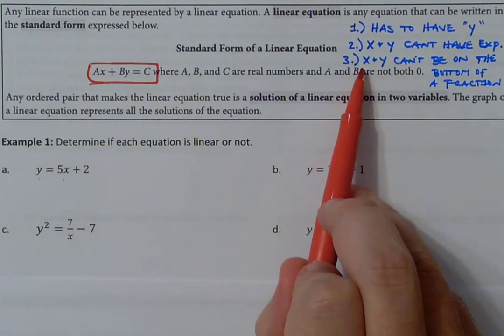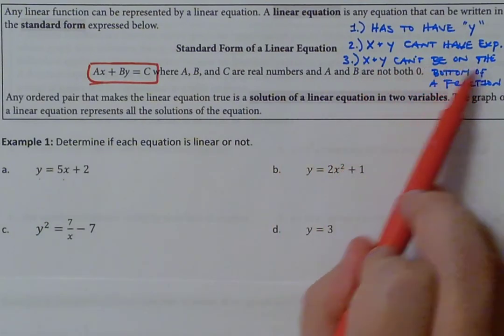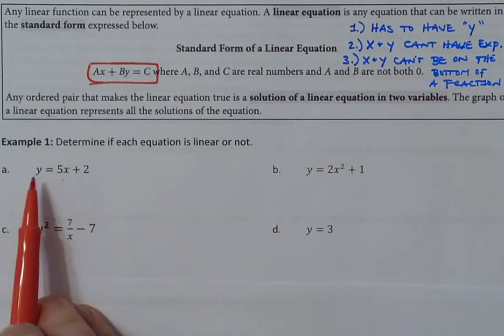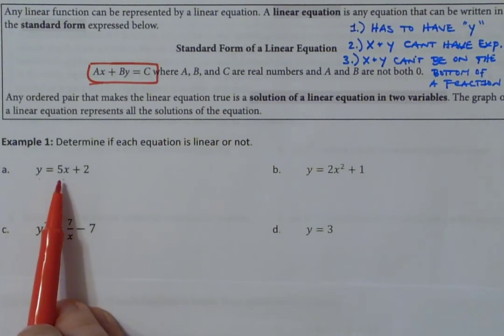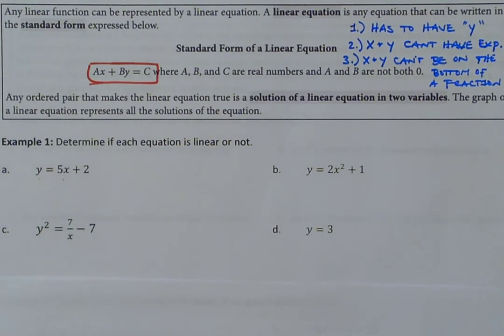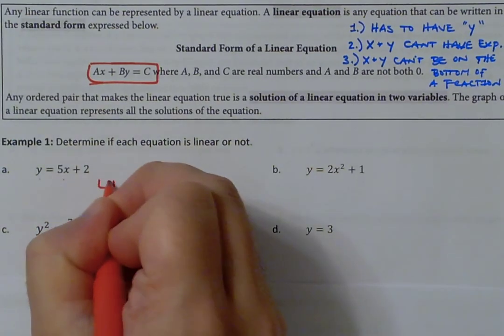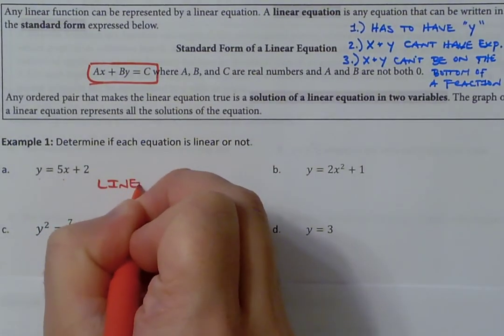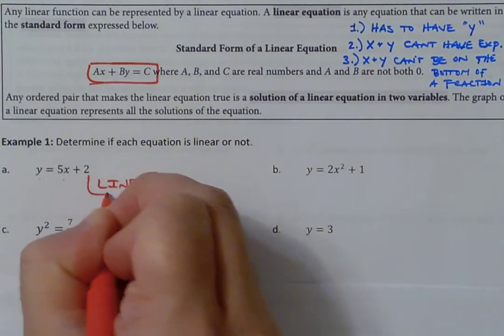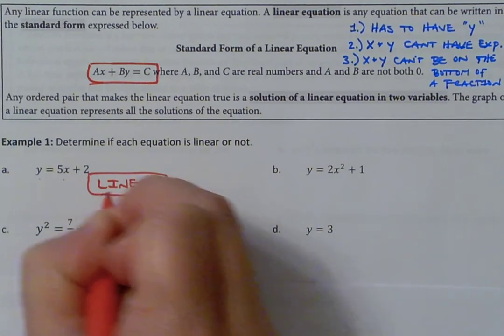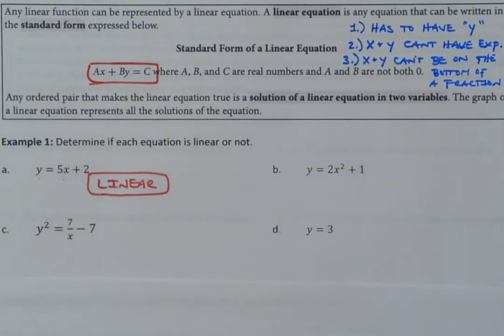The third part is that x and y cannot be on the bottom part of a fraction. Are x and y on the bottom part of a fraction? They're not, therefore I have successfully accomplished all three parts, thus telling me that this is a linear equation. And that is my answer for A.